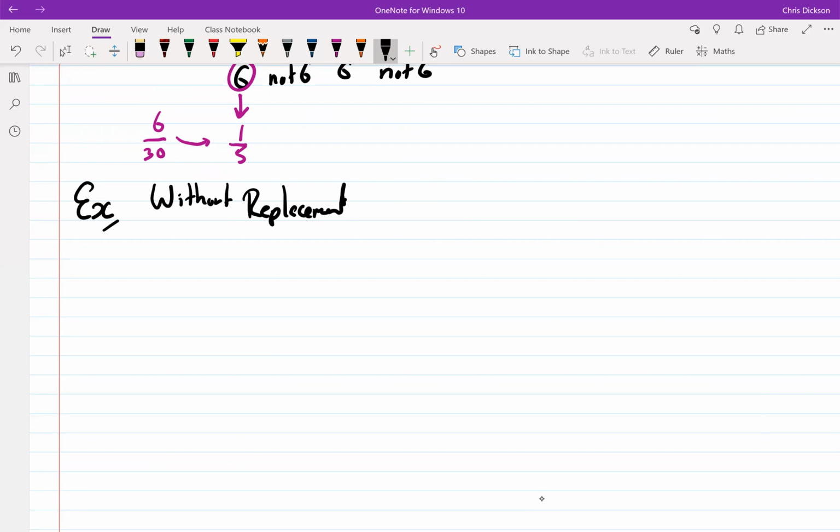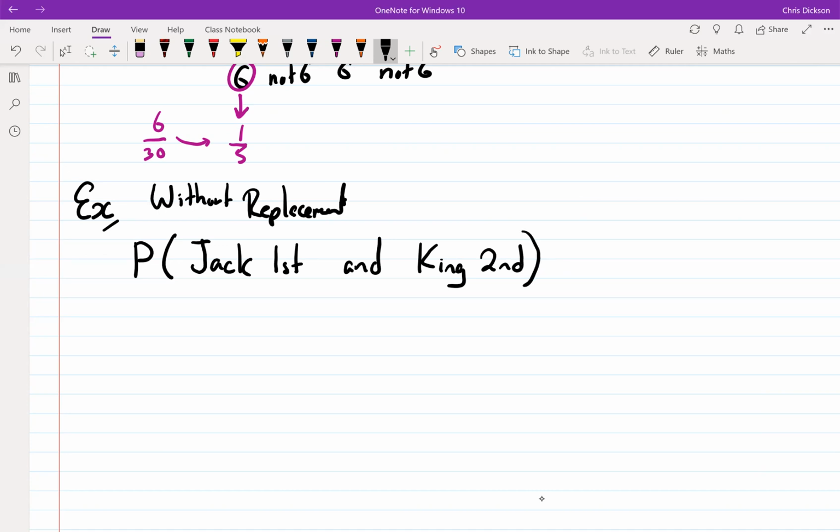And the question is going to be: determine the probability of getting a jack first and a king second. Okay, so without replacement, that means that the second time you draw a card, there's going to be fewer cards in the deck. So this is going to be an example of a dependent event.